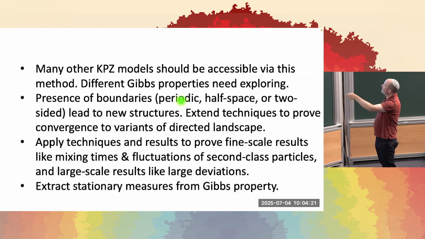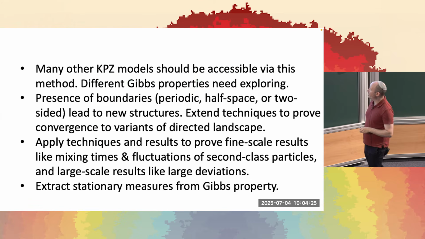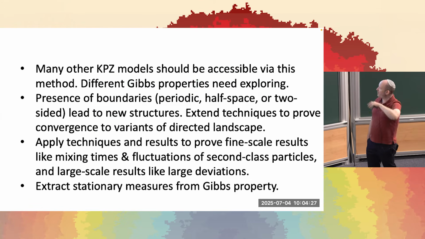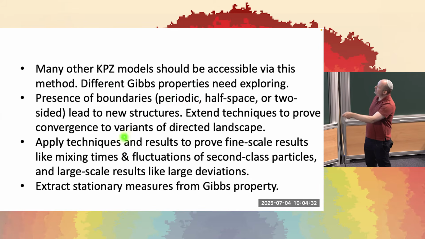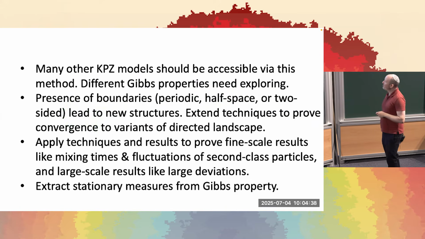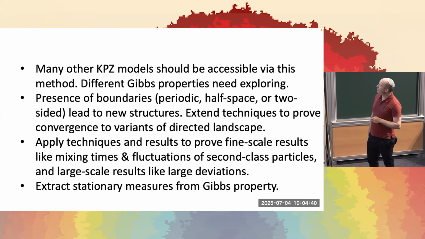You have variants of the Gibbs property. You have more complicated versions of this q-boson model where you have not just one arrow horizontal, but potentially many arrows. Another challenge is to study models with boundaries. And in fact, I'll talk a little bit about that in just a moment when I talk about stationary measures.